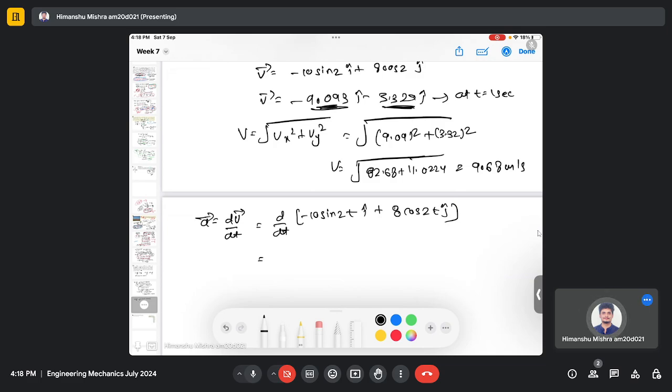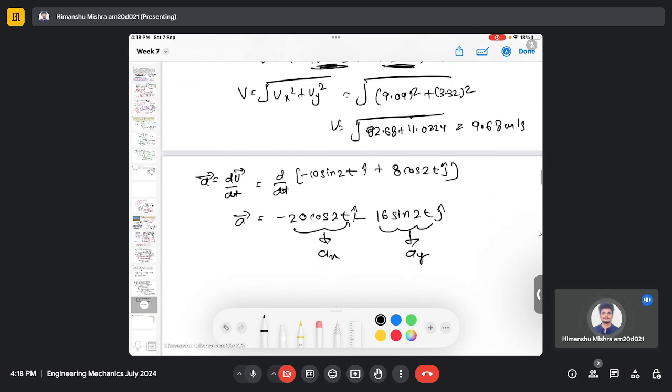So you will get minus 20 cos 2t i minus 16 sine 2t j. So this is our acceleration vector. This is our acceleration in the x direction and this is our acceleration in the y direction. And in order to calculate the total acceleration, we will be using this.